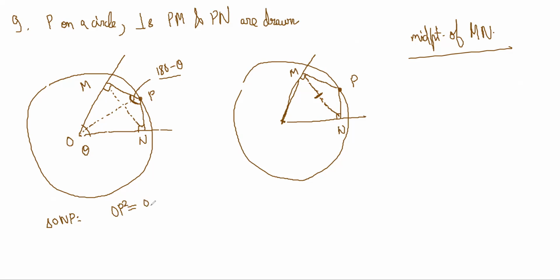OP square is equal to ON square plus NP square minus 2 ON NP cos. This is a right angle triangle, no? So you have OP square equal to ON square plus NP square. But okay, then I should do it in some other triangle.